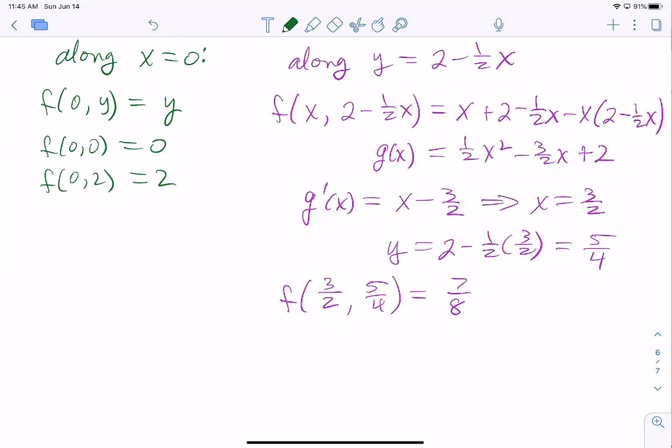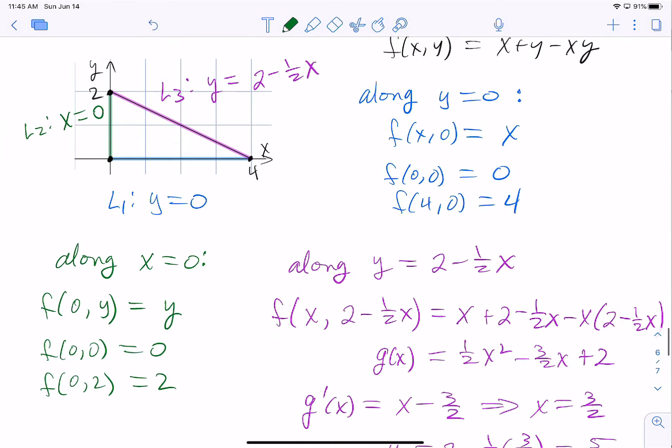Let's map all of these out on our graph here. At (0, 0), we have that z is equal to 0. We found that out when we were looking along x equals 0 and along y equals 0. At (0, 2), we found that z is equal to 2. At (4, 0), we found that z was equal to 4.